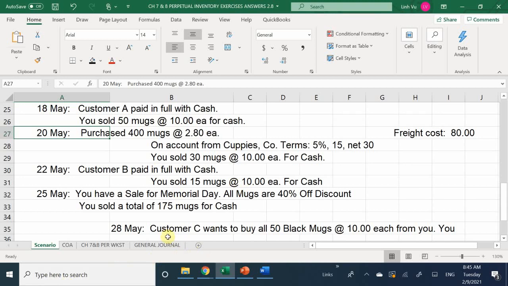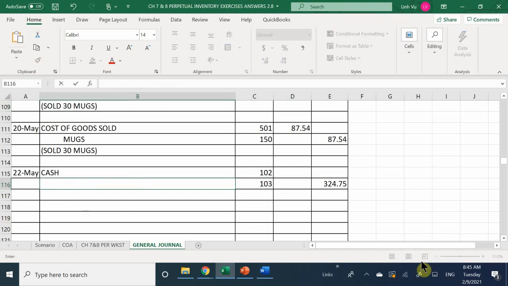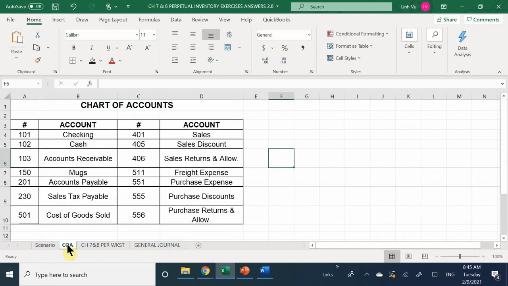So now we've got to go back and adjust this because now he actually got a discount. Now, how much is the discount on? $324.75. So in this case, I have to move this because the discount is actually going to be a debit account. So what account am I going to be using? Let's look at my chart of accounts. What account would I use?